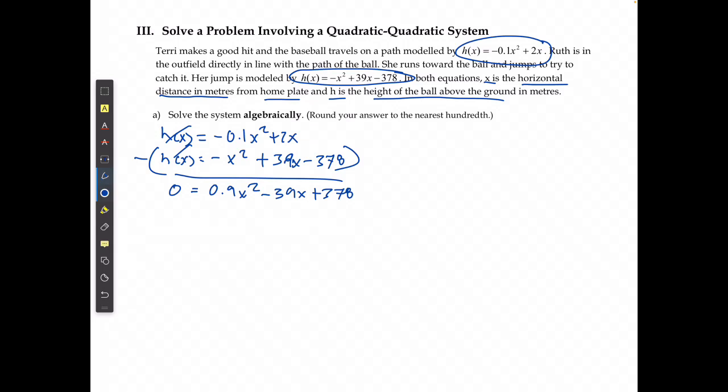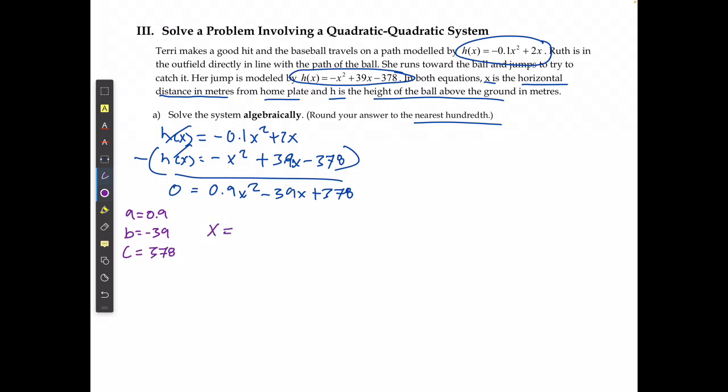Because it says round to the nearest hundredth, and I could try, but I'm not going to be able to factor this, I'm just going to use my quadratic formula again. I'm going to make my list and say that a is equal to 0.9, b is equal to negative 39, c is equal to 378.